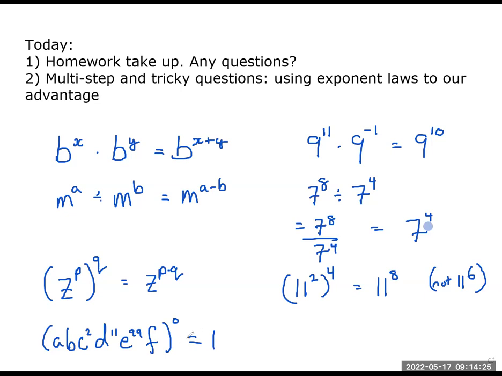You can automatically assume whatever that power is, it's going to equal 1. For example, 2xy squared, all to the power of 2, but all of that is to the power of 0. It doesn't matter what the inside is. That's going to equal 1.